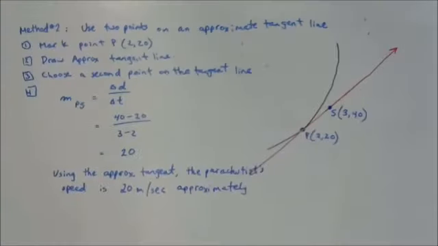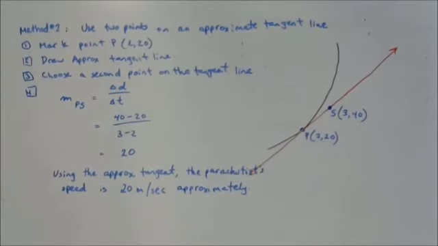Okay, in the two methods that we used, which was using the secant line or using an approximate tangent line, either way, it's an approximation. Whether one is closer than the other, they're both still approximations of the instantaneous rate of change.